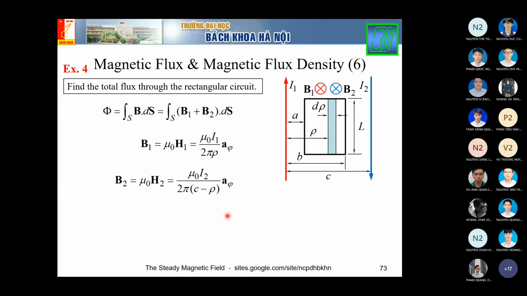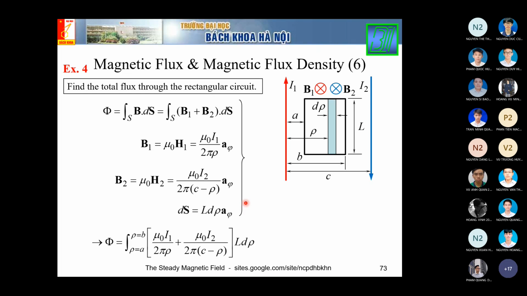Once again, like the previous example, ds can be computed like this expression. Okay, and there you are. Once again, this integration is not very complicated, so we can come to this.